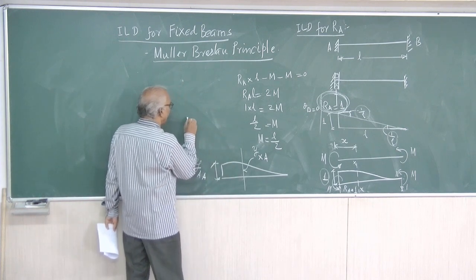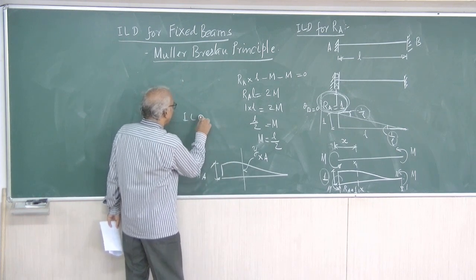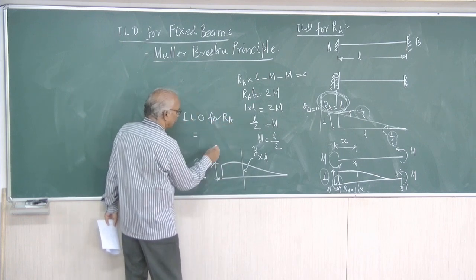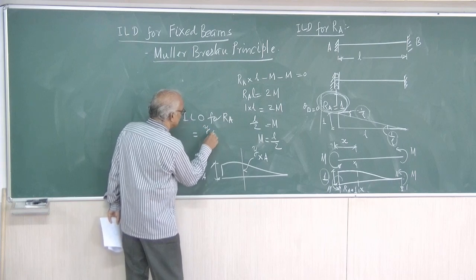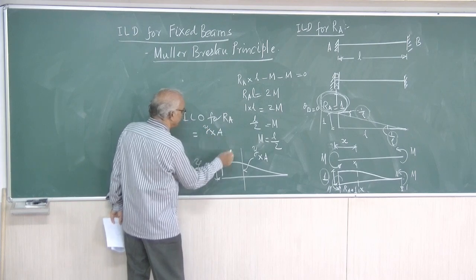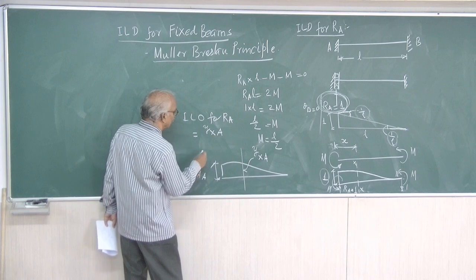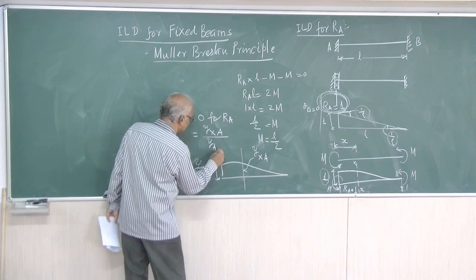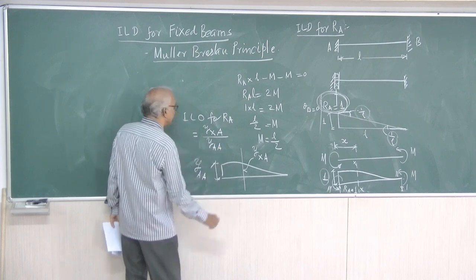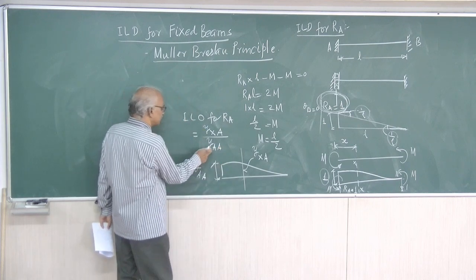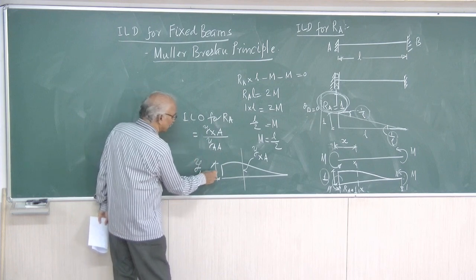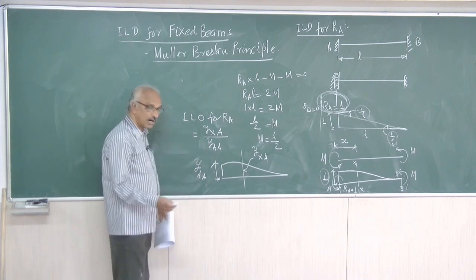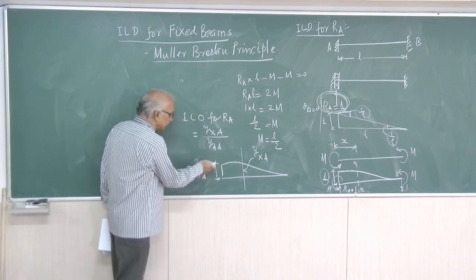So these are the values that you have to get. Then the influence line ordinate for RA equals the deflection at some section x due to unit value of RA, divided by the deflection at the section A due to unit value of RA. When this is divided by this, automatically this becomes unity. We do not know what value of RA is to be applied for getting this value equal to unity.